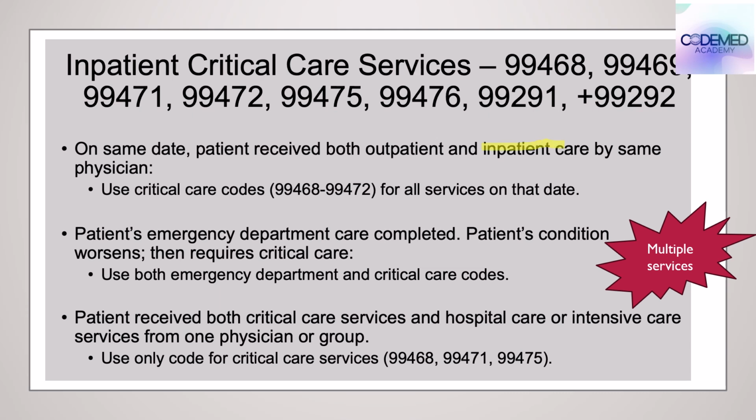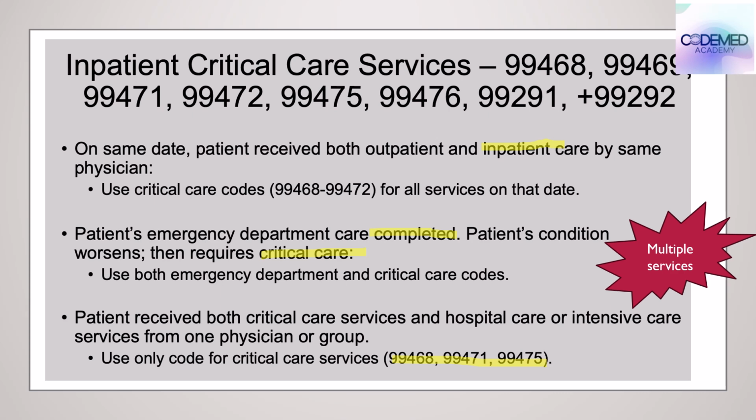If the patient's emergency department care is completed and the patient's condition worsens and requires critical care, use both the emergency department and the critical care codes. This guideline we have seen in the emergency department. If the patient received both the critical care services and the hospital care or intensive care services from one physician or group, for that also we will use only the inpatient critical care code. So when both outpatient and inpatient happen, we only code the inpatient for that date.